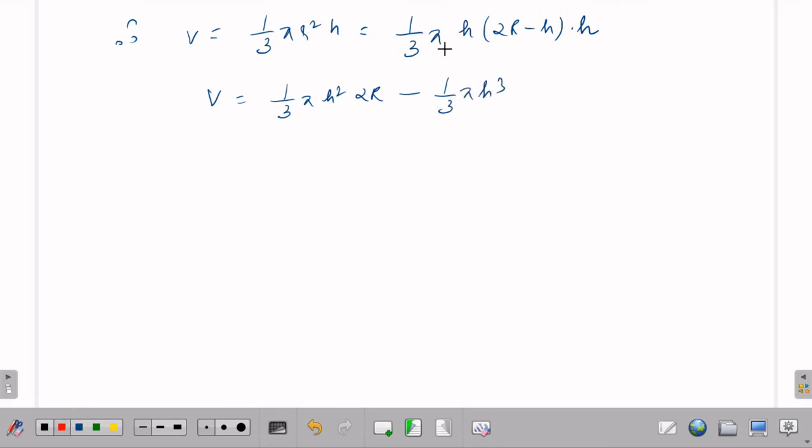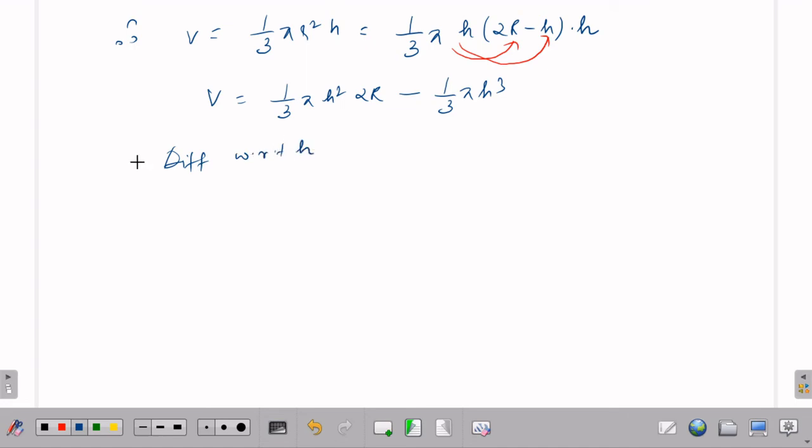What I did is I simply multiplied this with this, and this with that. I hope you're clear till there. If you look at both equations, the parameter is h. So what I will do is differentiate with respect to h.